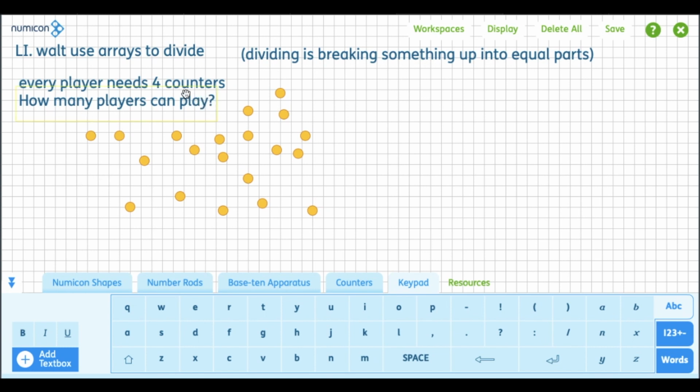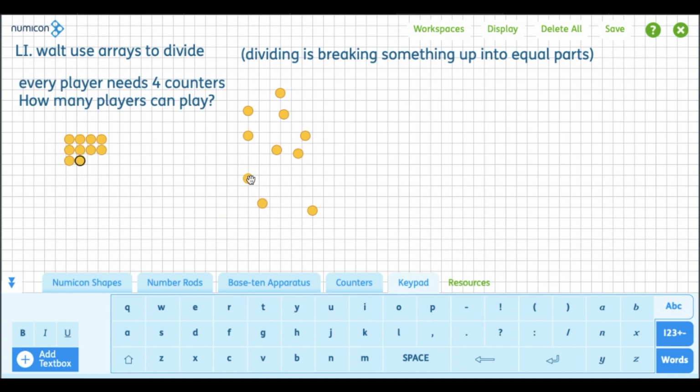Now, if every player needs 4 counters, then the best way to start would be to maybe make a row of 4 here. All right, so that's 1 player can play. And then we can make another row of 4. I should say there are 20 counters altogether, so you might have worked it out already, but we'll just build our array here.